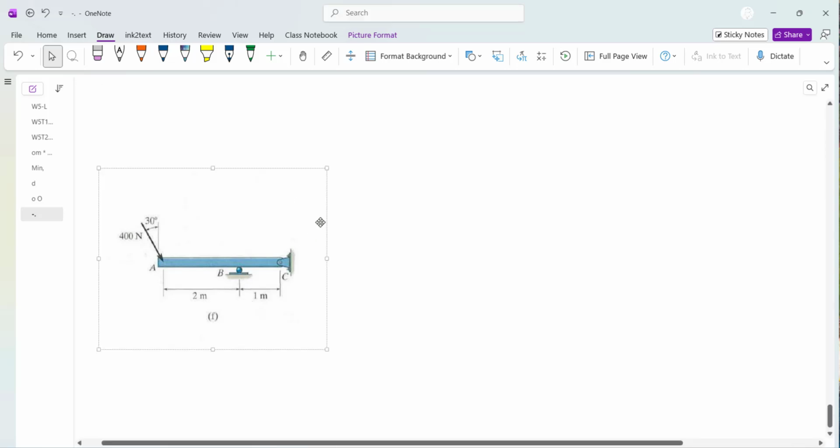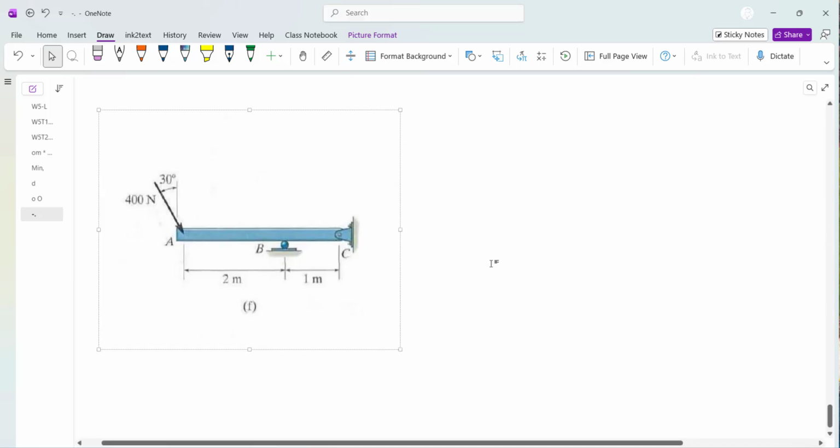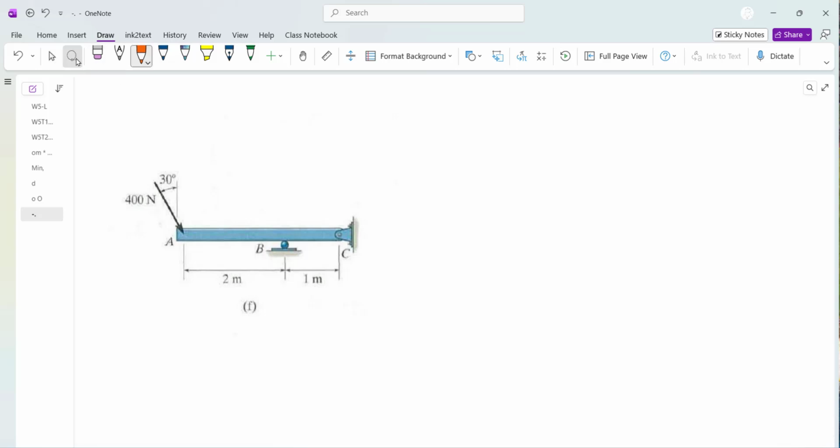Alright, so this is the rigid body, one rigid body being confined by a pin and a roller support. So again, to free that rigid body from the ground, you have to open up point B, you have to open up point C, and this is your enclosure. What remains inside the enclosure, the rigid body, that is your free body diagram.